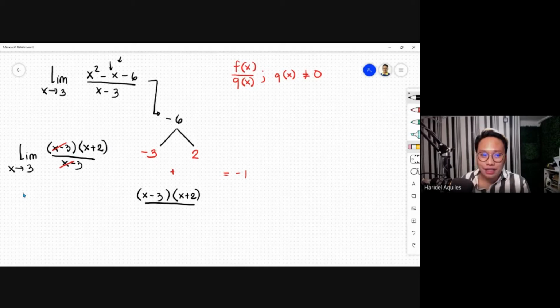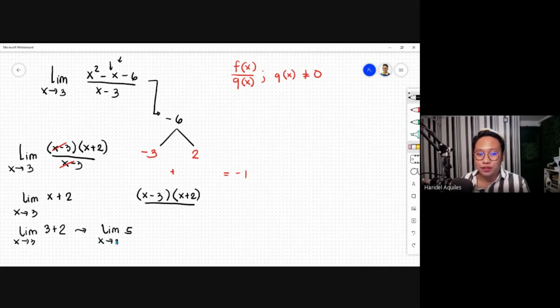What is left is limit of x plus 2 as x approaches 3. Substituting x as 3, we would have 3 plus 2. This would give us limit of 5 as x approaches 3. We have here 5 because the limit of a constant is the constant itself. Okay? I hope it's clear.